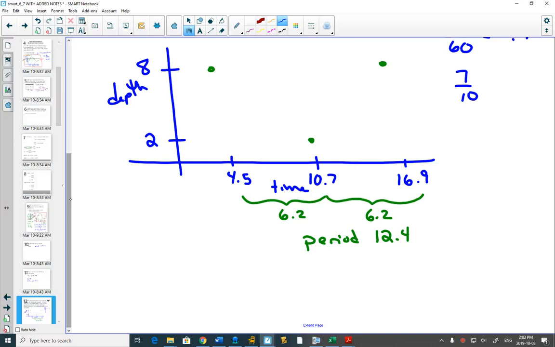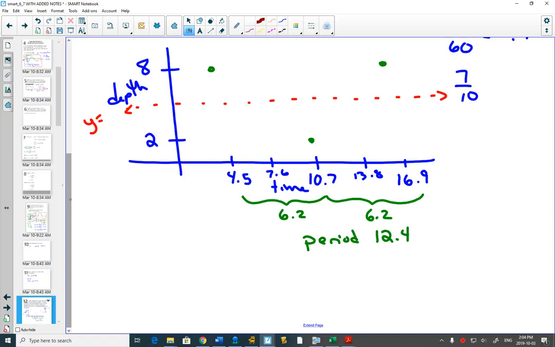Whenever we draw a sinusoidal curve, we always split it into 4 equal sections. So the sections that we're missing are this one and this one. Half of 6.2 is 3.1, so 7.6 and 13.8. And those ones will be right on our sinusoidal axis in the middle. What is our middle value going to be?